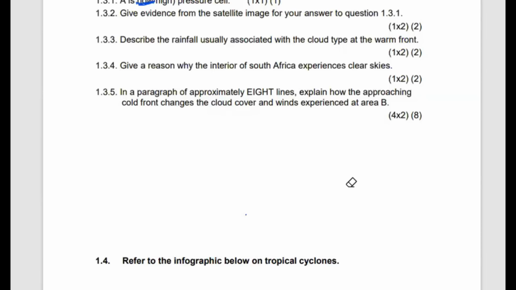So I will start with cloud cover. Right. What is going to happen to cloud cover? The first thing that we need to look at here is there will be rapid upliftment of warm, moist air.